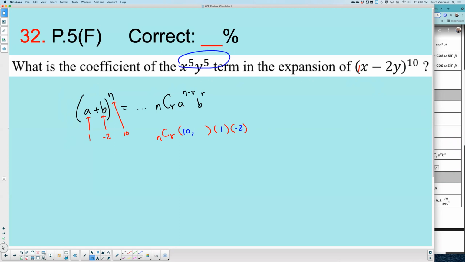Now up here, you know what that's telling you? That's your R values. You could use either one of those for R. So it's 5 and 5 since they're the same number. Get that. I'll let you type that in and tell me the answer.